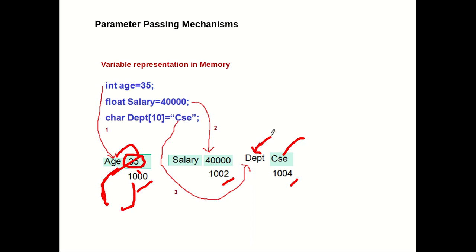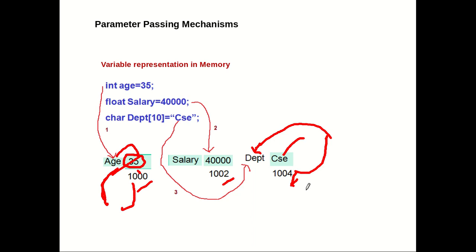Either I can use the name of the variable, or I can use the address of the variable. What is the content of this address? CSC. What is the content of this variable? CSC. So you can use either the name of the variable or the memory address of the variable.